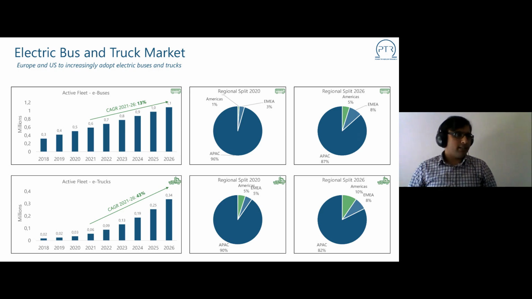Same is true for electric trucks: commercial vehicle electrification is not only going to happen in the APEC region because of China, but is moving outside China as well. We see a lot of companies already pledging to have a certain number of electric trucks in their fleets. So we see significant growth in all areas, especially in e-trucks, because there is a small market size right now. Hence you see significant growth of 43% during the forecast years.